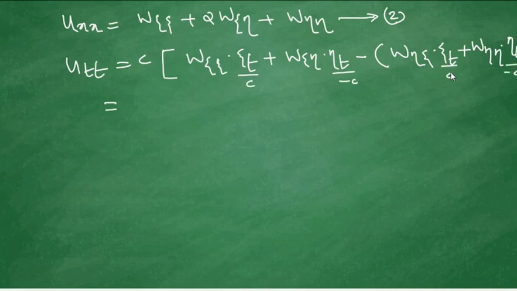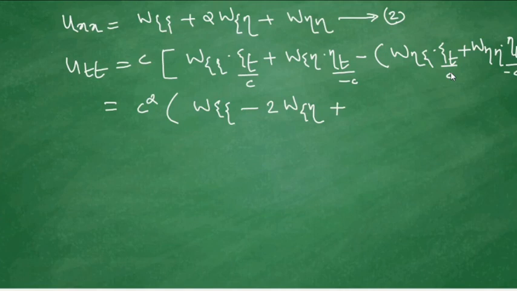Substituting the values, each term contains c, so we can take c outside. So this will be c square into w theta theta, minus w theta eta and minus w eta theta, both the same, so we can add them to get 2 times w theta eta. Now minus into minus is plus w eta eta.